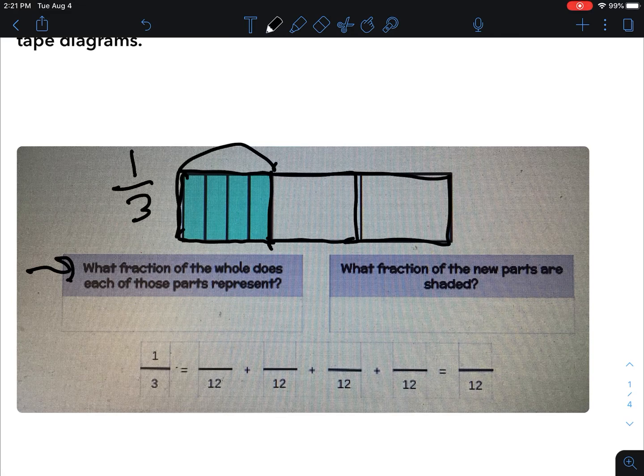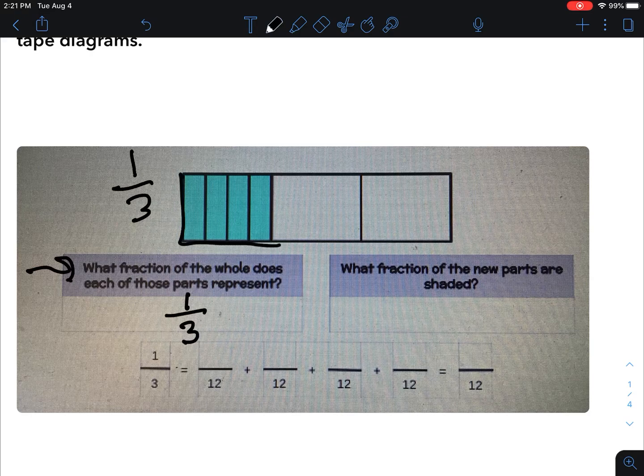All right. Each part represents 1/3. But notice you're going to look at this tape diagram in two different ways.